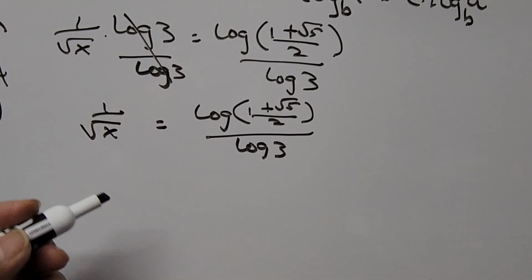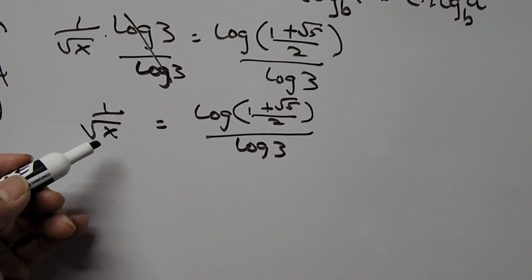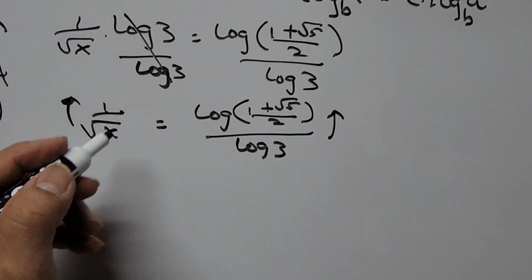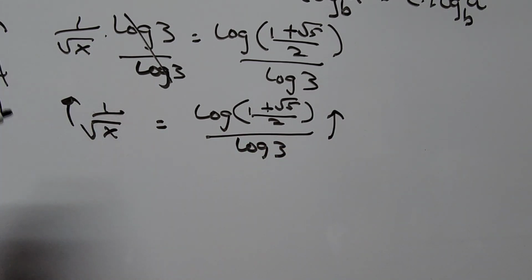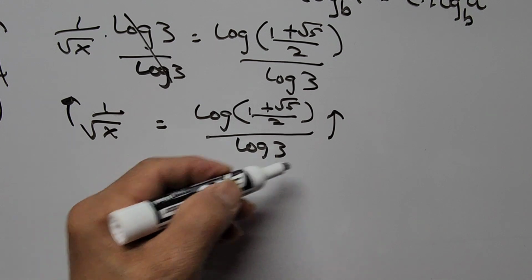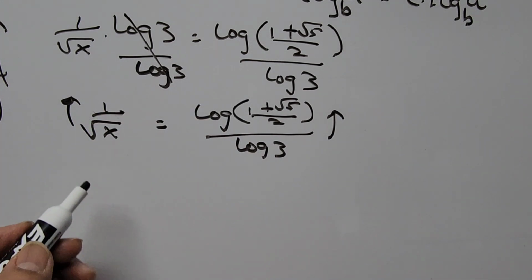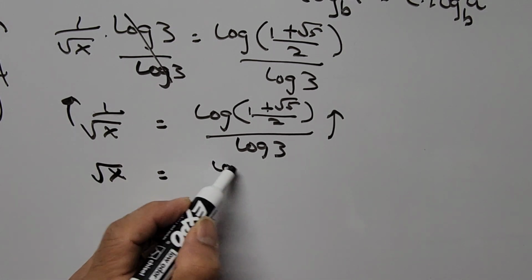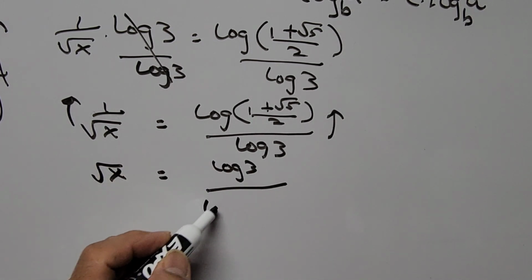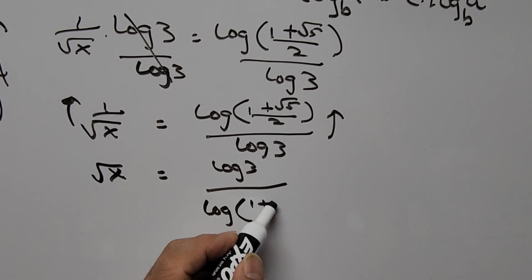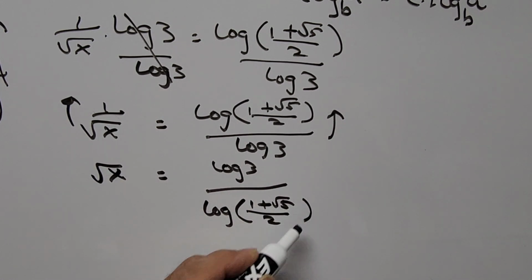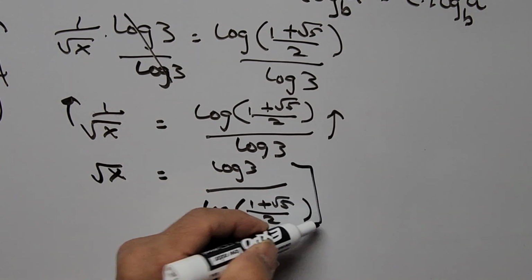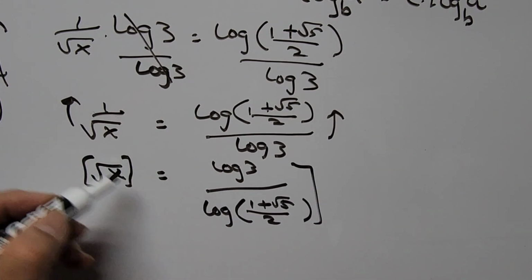Since the variable x is in the denominator, we can take the reciprocal of this equation, putting the variable on top, and likewise the bottom goes on top on the right-hand side. So we now have square root of x equal to log 3 divided by log of 1 plus square root of 5 over 2. Squaring both sides of the equation gets rid of the radical sign.